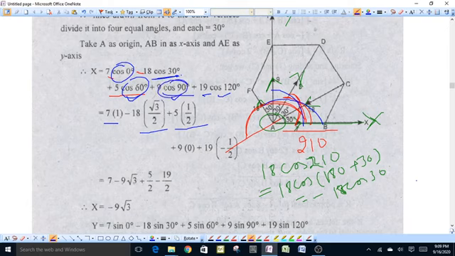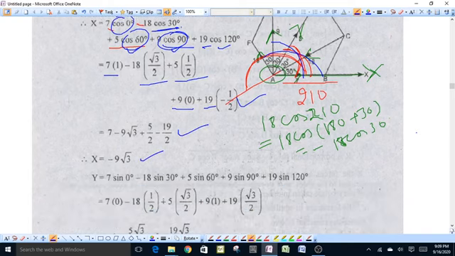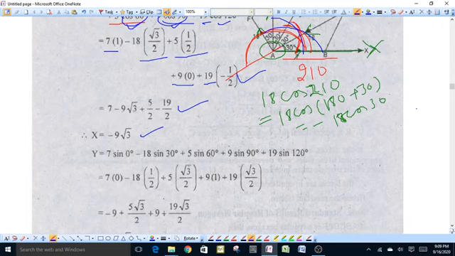Cos 90 is equal to 0, this component will be equal to 0, and final component will be equal to 19 cos 120. Cos 120 will be equal to minus 1 by 2. After simplification, we get the sum of x component of all these forces is equal to minus 9 under root 3.